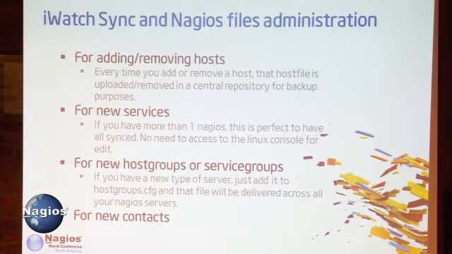For new services, as I told before, it's basically the idea to create a service, upload to the centralized repository, and then automatically we'll download that new service to the Nagios, and we'll reload the Nagios service. For new host groups or service groups, it's basically the same, and for new contacts.